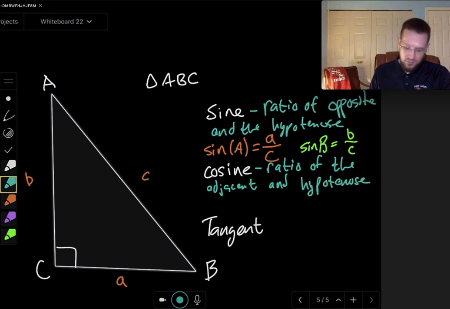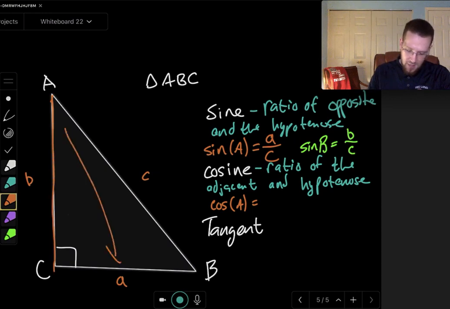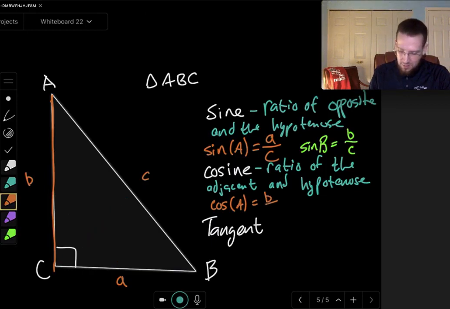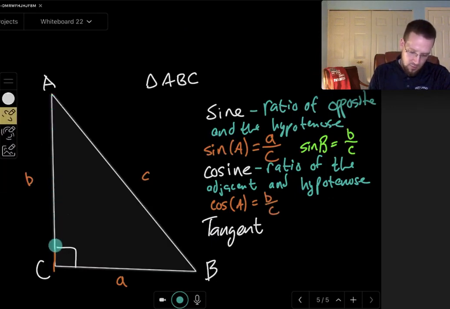Let's look at what the cosine of angle A would be. Adjacent means right beside. So if the opposite is across, and the hypotenuse is across from the right angle, the adjacent is right beside. So this would be little b over the hypotenuse, which would be C.